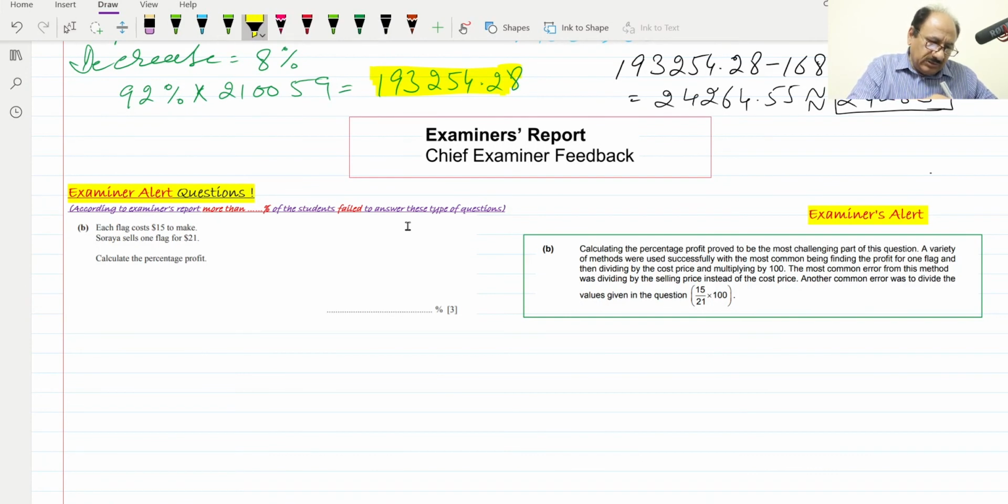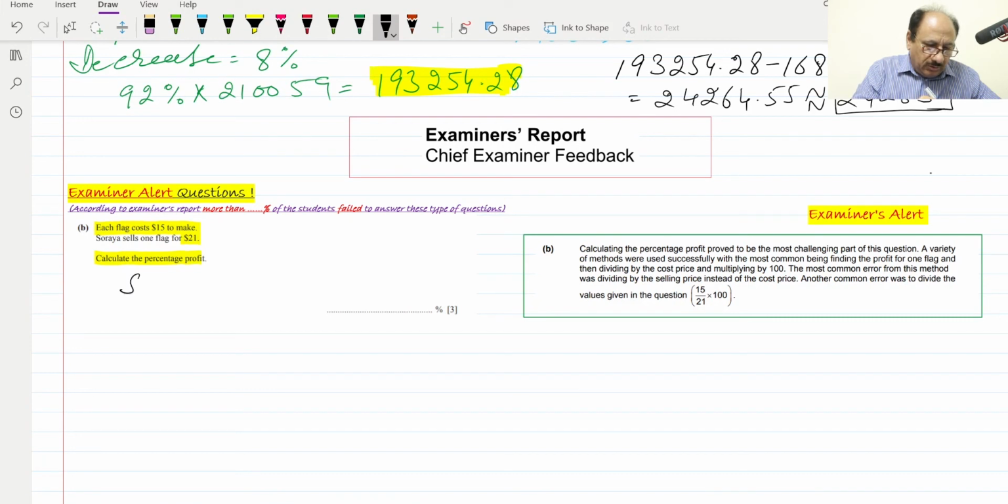The question is, this is part B, each flag costs $15 to make, and Suraya sells one flag for $21. So selling price is $21, cost is $15, and we have to calculate the percentage profit. To calculate the percentage profit, we have to calculate the change or increase or profit.